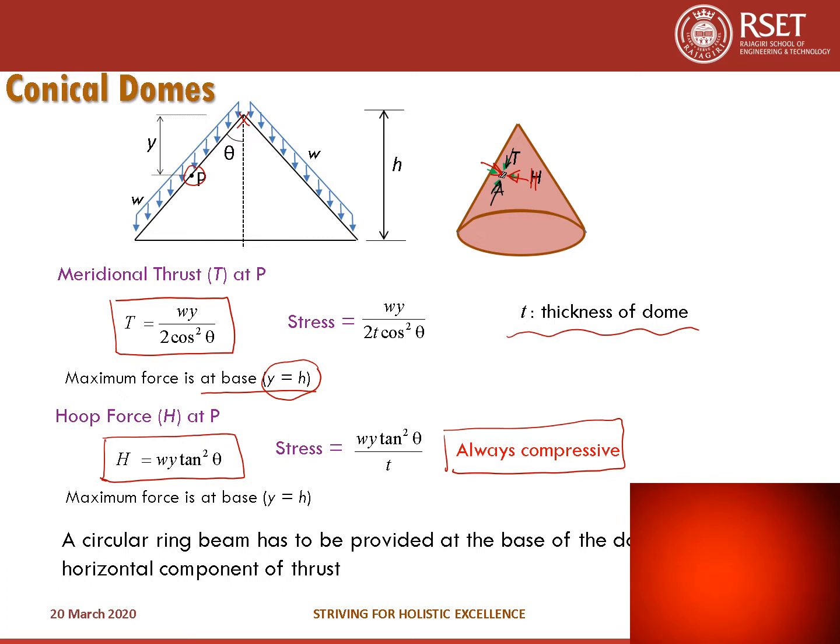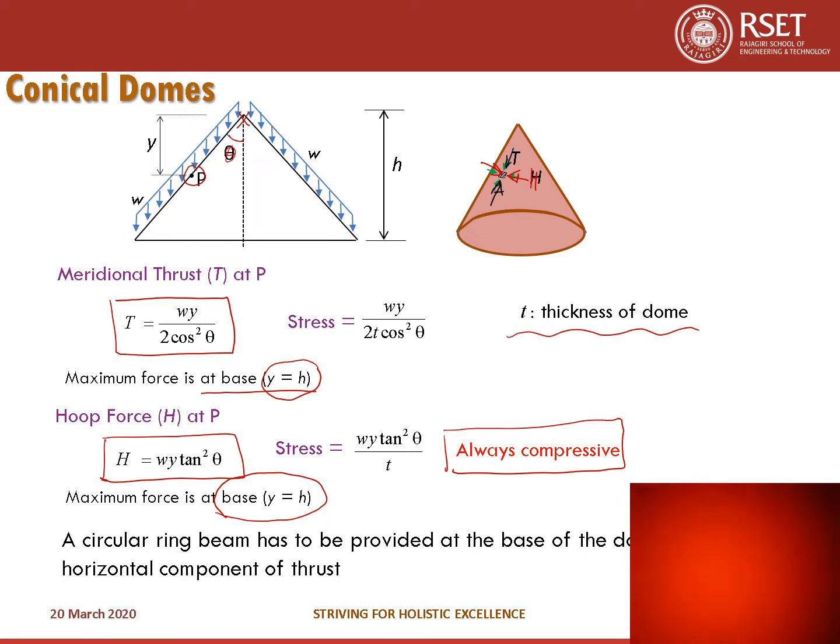Here theta represents the angle as shown in the figure. So this is the angle theta. Now the maximum hoop compression occurs again at the base when y is equal to h, because y is maximum at the base. When y is maximum, you will get a maximum hoop compression.